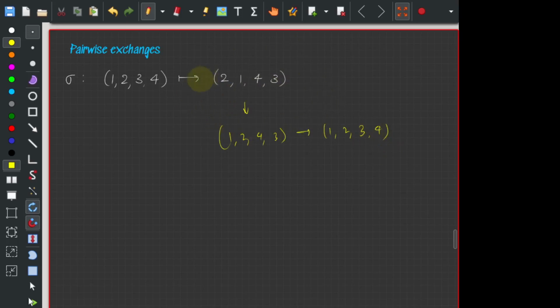But the number of operations required to bring it down to 1, 2, 3, 4 is not unique.